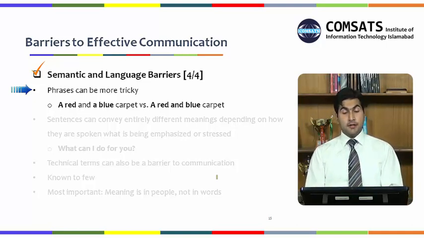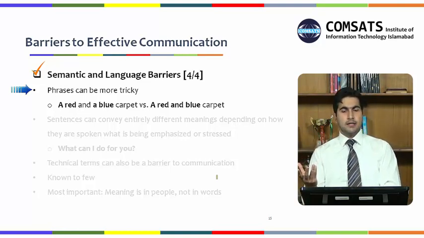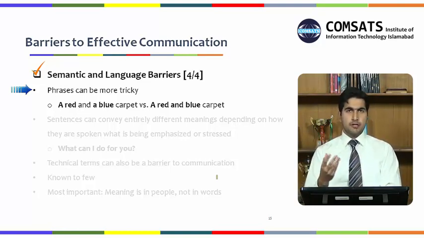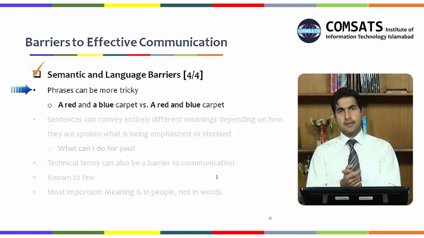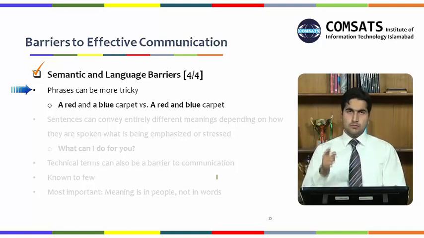But when you hear "a red and blue carpet," this probably indicates that there is a single carpet with both colors, red and blue. But not all people are going to keep this difference in mind. Even despite your trying to discriminate between the two, they're going to take it all the same, as a single carpet which has two colors. So once again, it becomes a barrier.